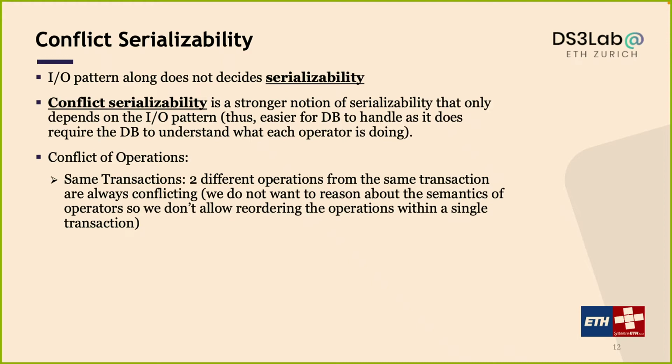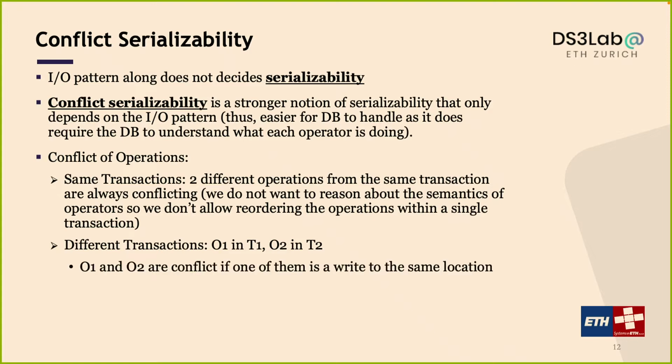That's very natural. I define a specific way for you to run it within a single transaction. You cannot say, okay, I want to run the second instruction first. So any 2 operations inside the same transaction are always conflicting with each other. If you take 2 operations, O1 from T1 and O2 from T2, from different transactions, they conflict if one of them is a write to the same location.